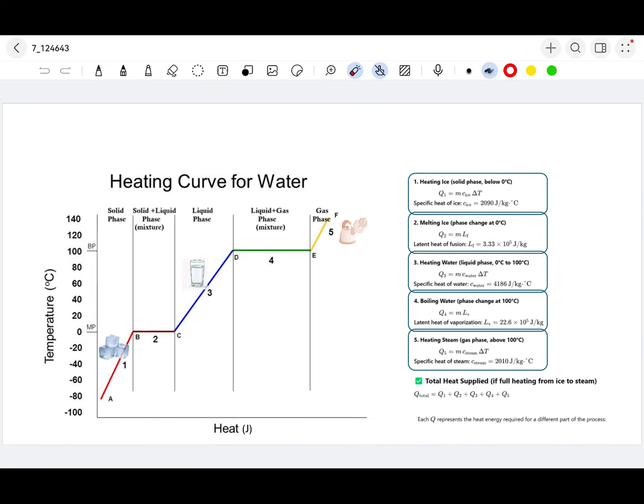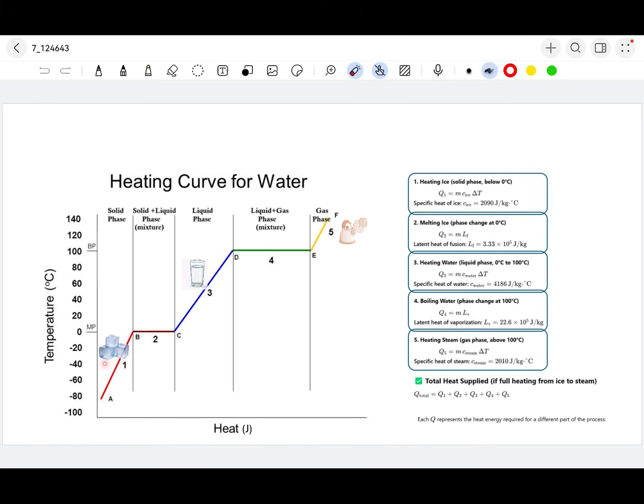Just take any number below 0 degree, here minus 80 is given. The ice is the solid phase of the water. Till 0 degree, it remains in the complete solid phase.